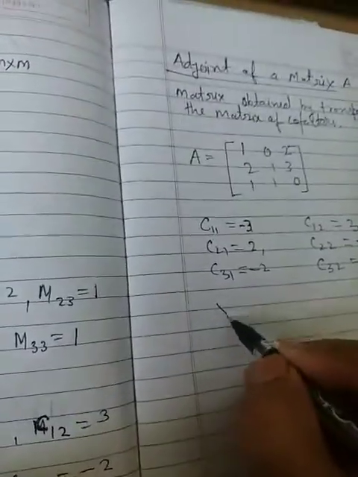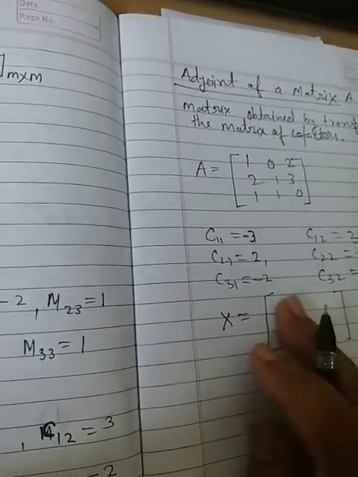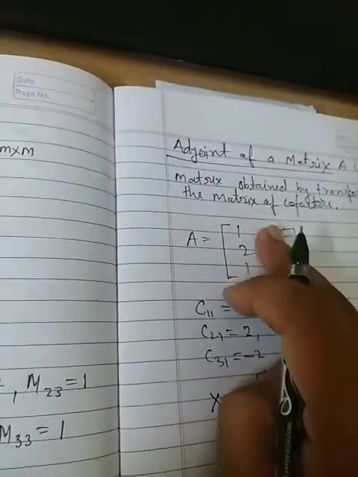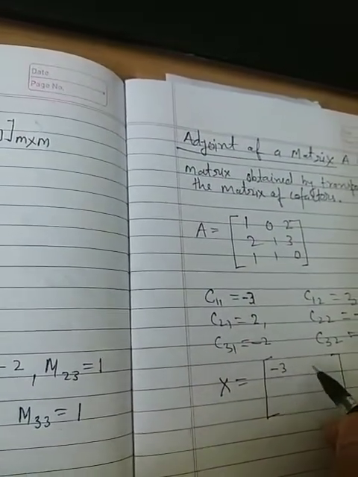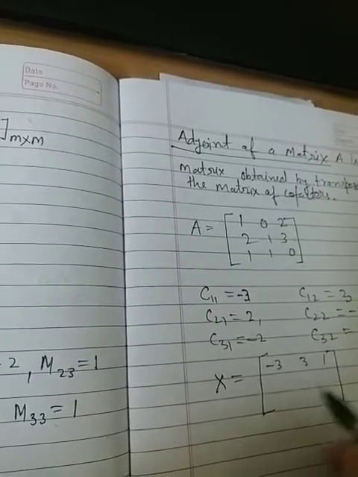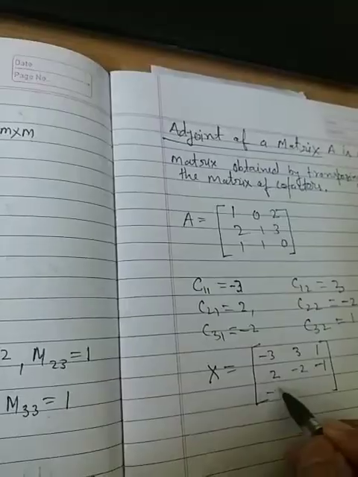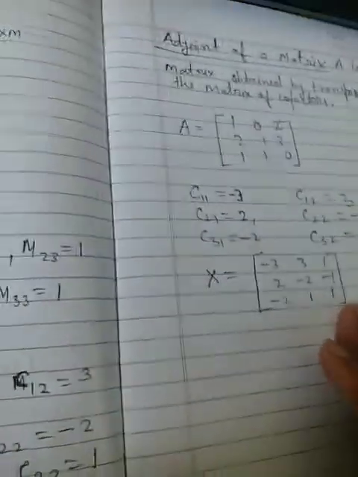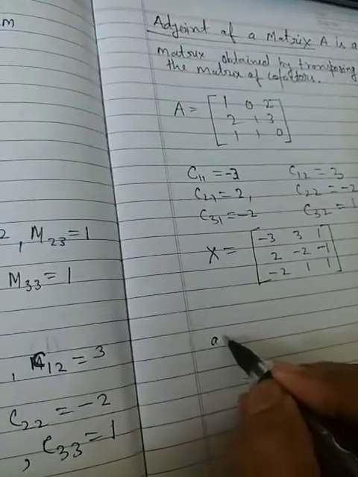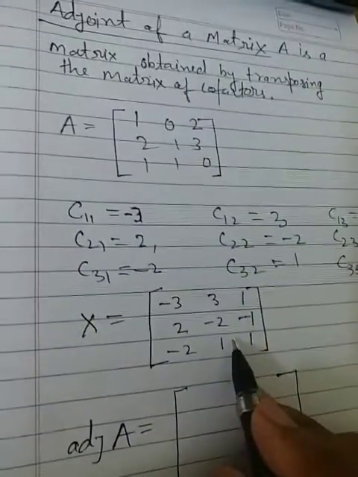First of all, you write a matrix and replace the elements of this matrix by these cofactors. So you will be writing minus 3, 3, 1, 2, minus 2, minus 1, minus 2, 1 and 1. So this is the matrix obtained by cofactors. Now the adjoint of this matrix A will be nothing but the transpose of this matrix.